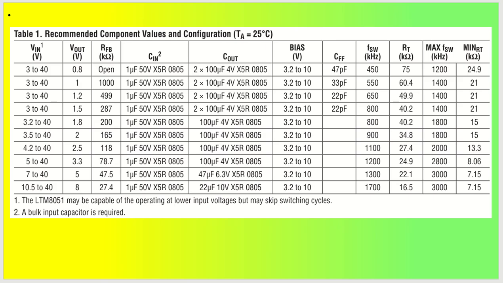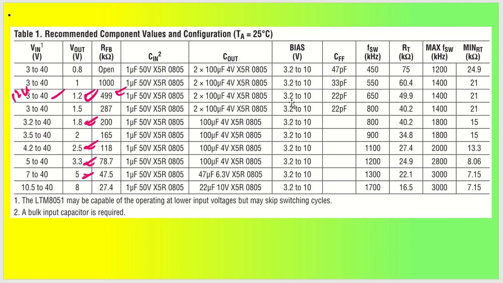In Table 1, the recommended values are given for different output voltages. Suppose you have to set 1.2 volt, 1.8 volt, 2.5 volt, 3.3 volt or 5 volt. These are the five readings I generally recommend. Let us say I am setting the input voltage to 12 volt. Then you put a resistor of 499 kilo ohm, an input capacitor of 1 microfarad 50 volt, and an output capacitor of 2 times 100 microfarad.